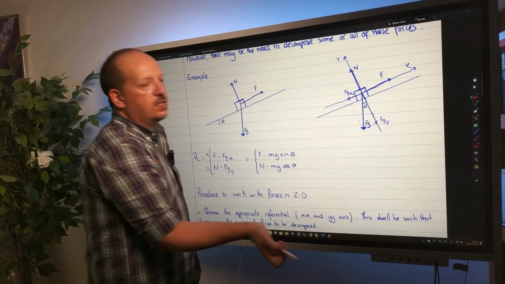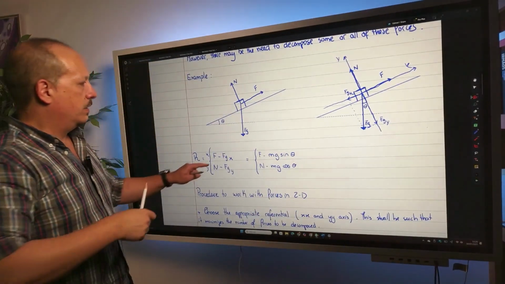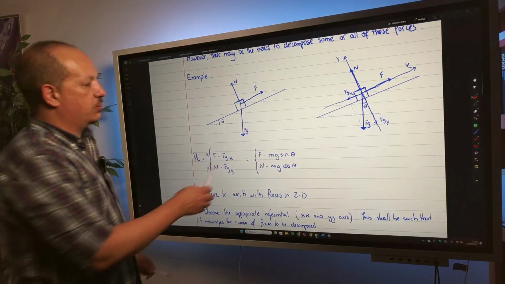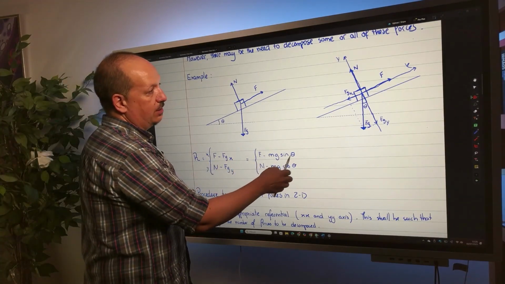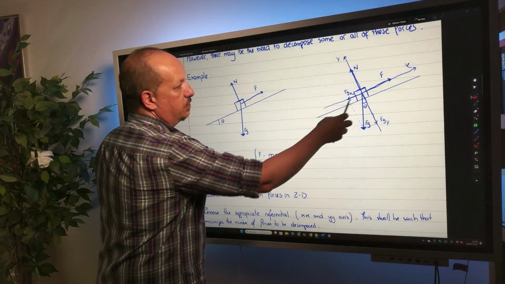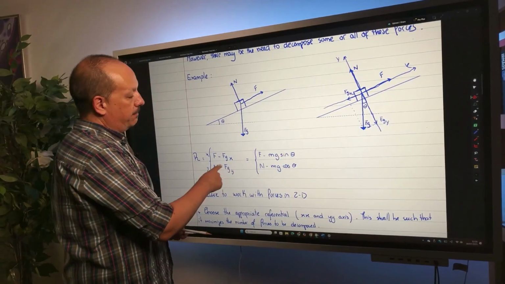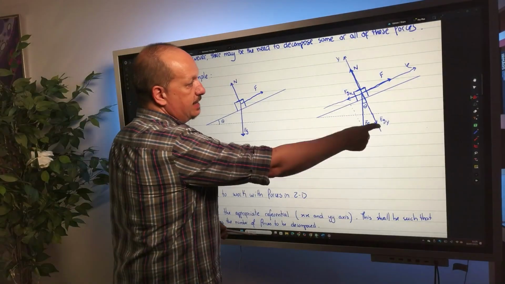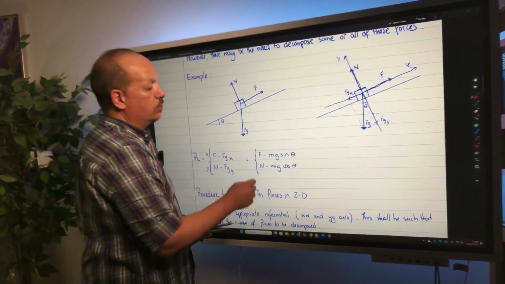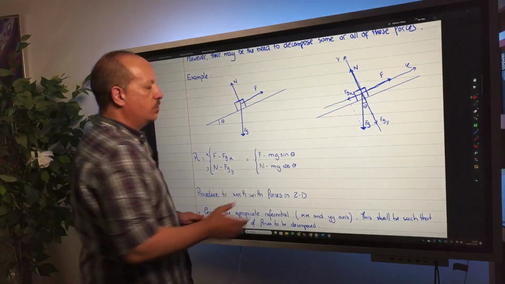Adjacent uses the cosine. So the Fgx is going to be the weight, mg sine of the angle, the opposite, which is that one. This is the same as that, right? The Fgy is the adjacent side, uses the cosine. So mg, the weight, times the cosine.